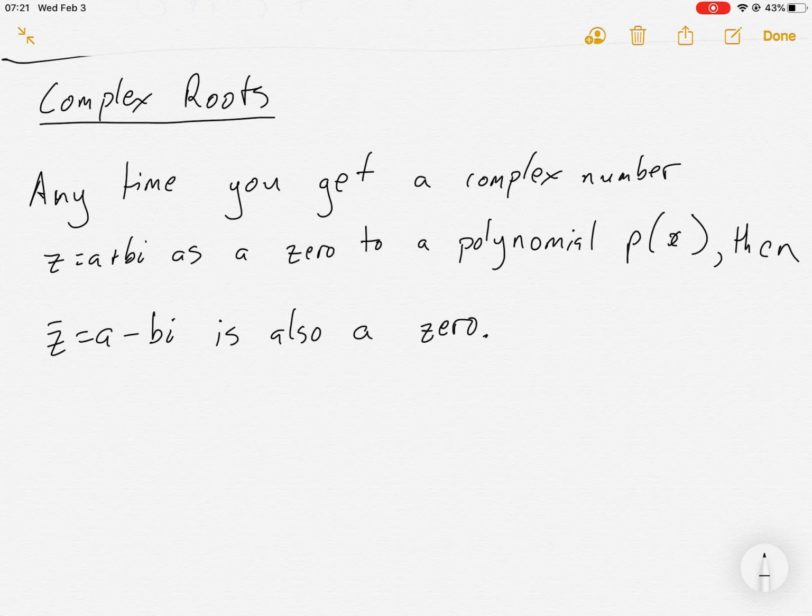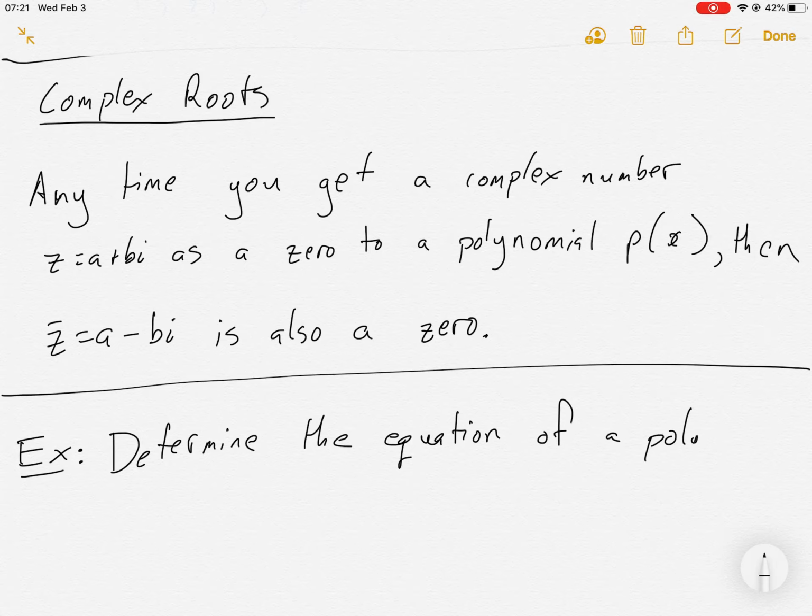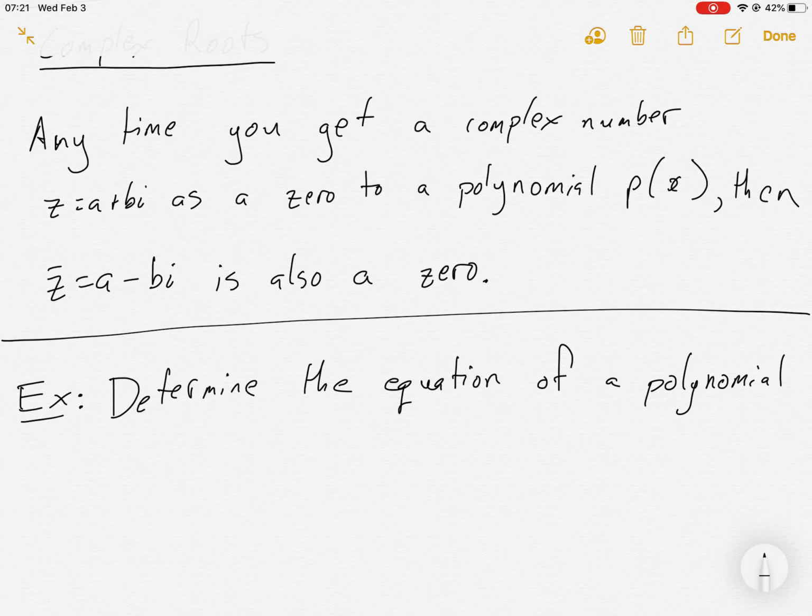So here's what we're going to do with this result. Let's go ahead and determine the equation of a polynomial. Boy, I'm writing a whole bunch today. We're actually getting into an example now, though.